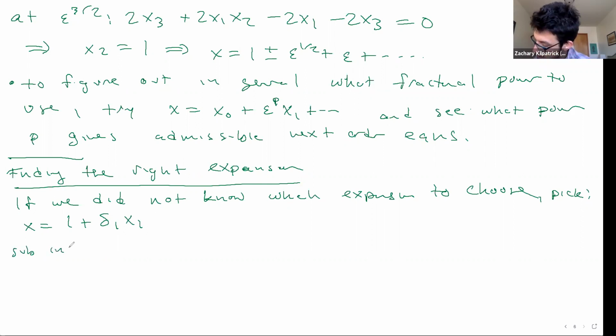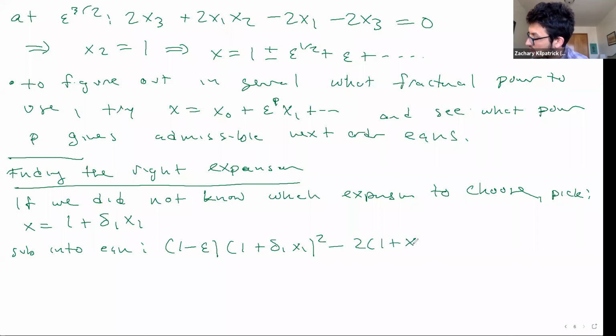So we then sub this into our equation, and we end up with 1 minus epsilon times (1 plus delta 1 x1) squared minus 2 times (1 plus delta 1 x1) plus 1 equals 0.